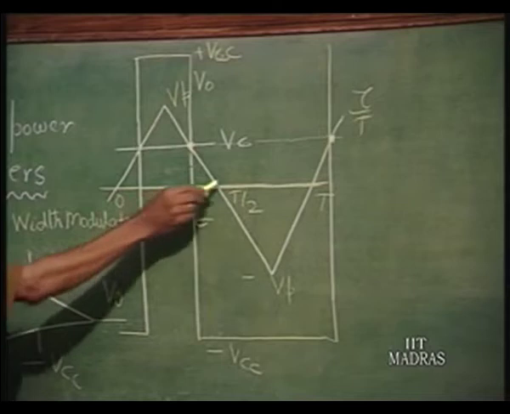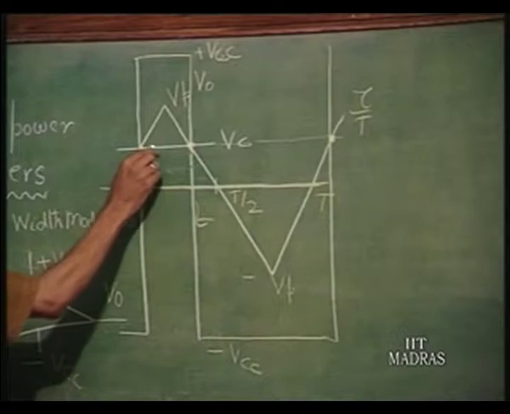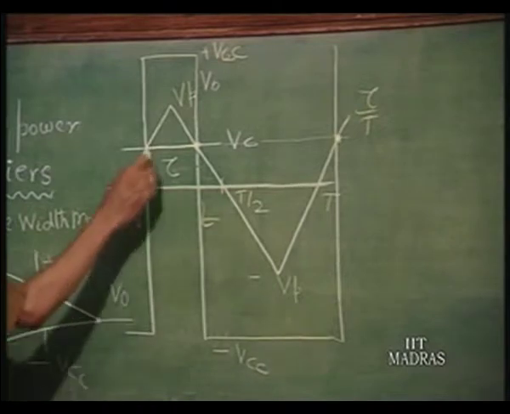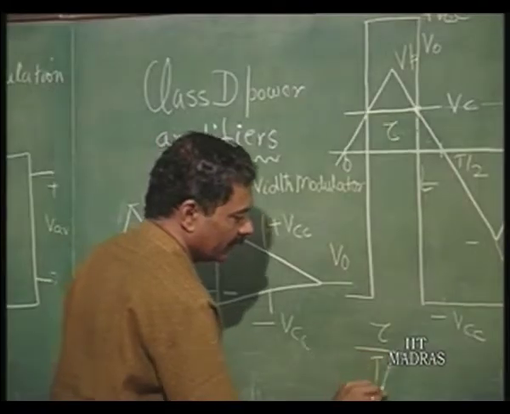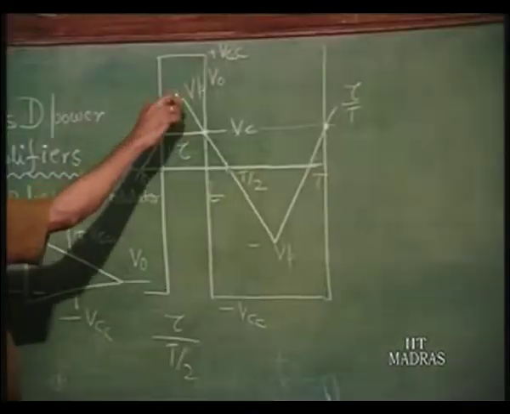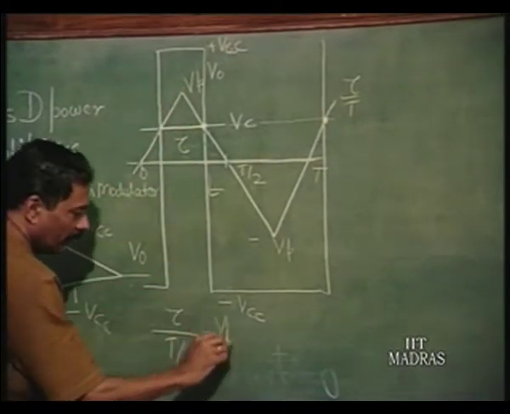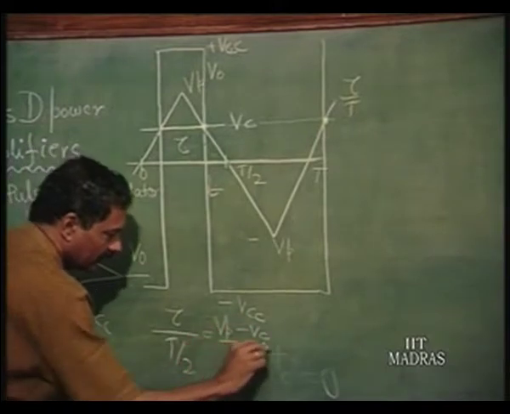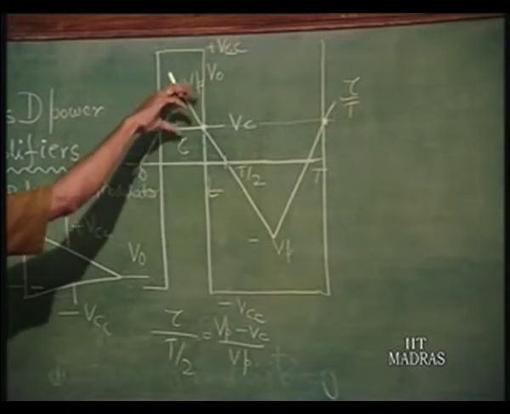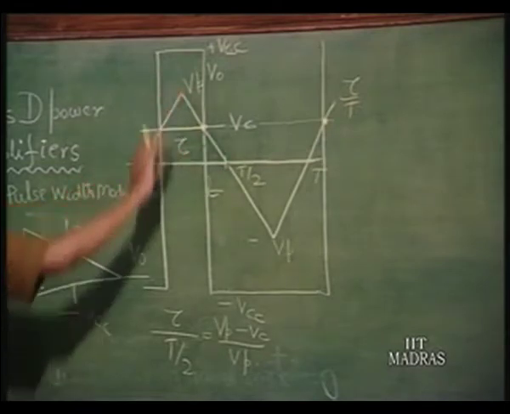These two triangles are similar triangles. The width of this is T by 2. The width of this is tau, let us say. So, tau divided by T by 2 is this height divided by this height. This height is Vp minus Vc, divided by Vp. So, this is a simple similar triangle relationship: this base divided by this base is this height divided by this height.